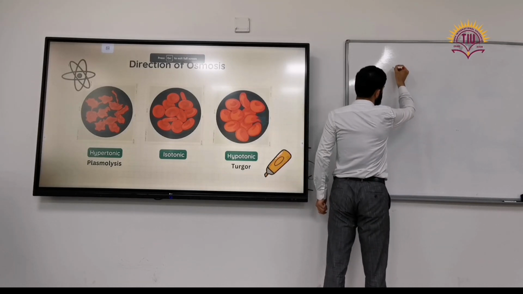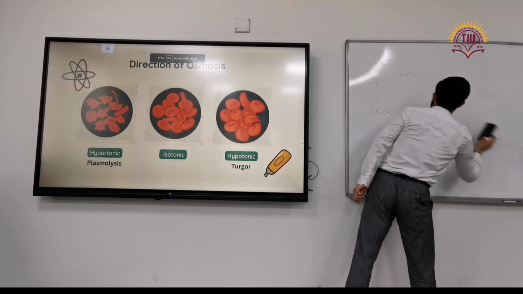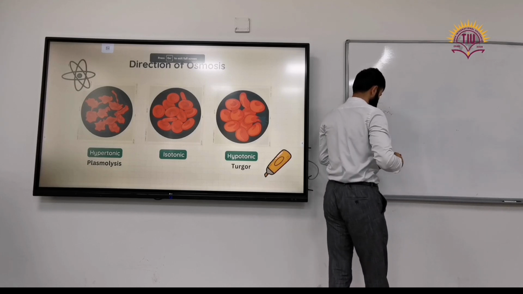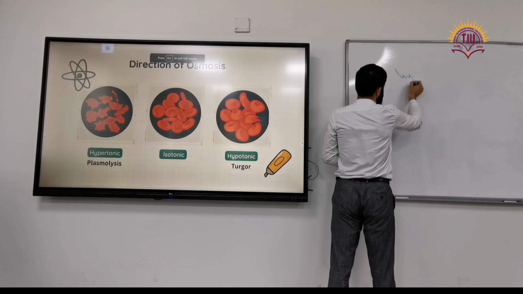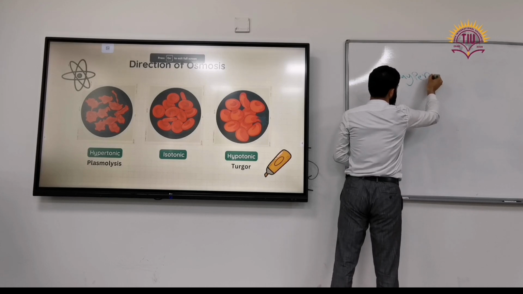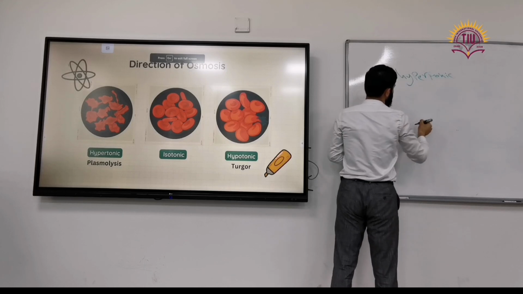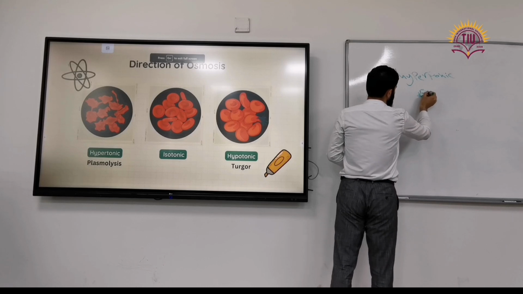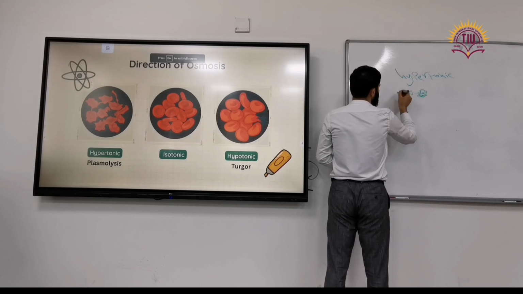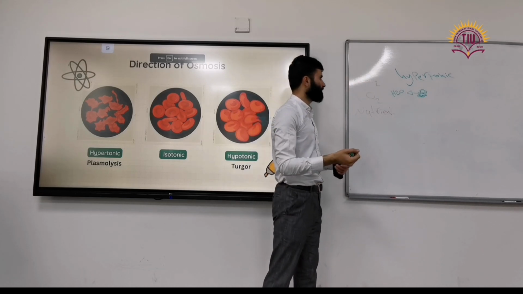For example, in hypertonic, we have hypertonic, which is the cell composed of a high amount of solute and low amount of water.